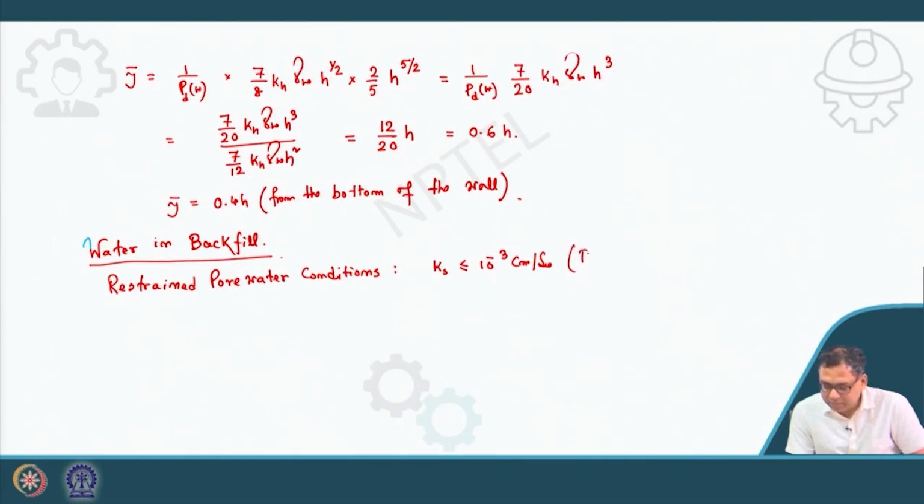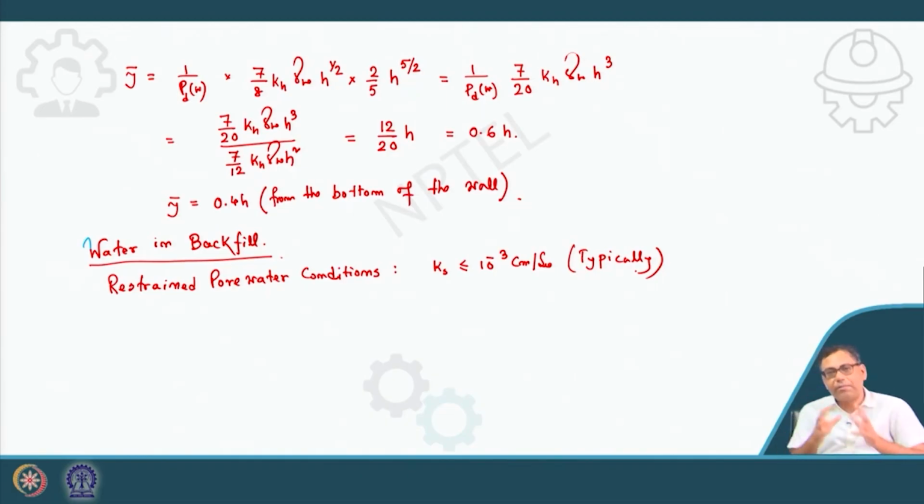Okay. So, if the permeability of the soil is small enough, typically less than 10 to the power minus 3 centimeter per second, the pore water will move with the soil skeleton during the earthquake. That means no relative movement between the pore water and the soil. So, that condition is called the restrained pore water condition.